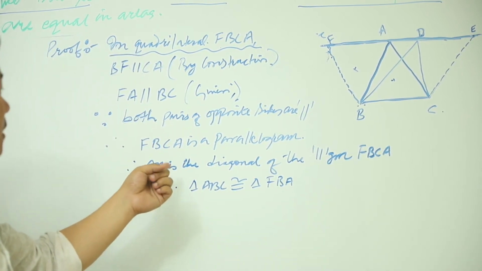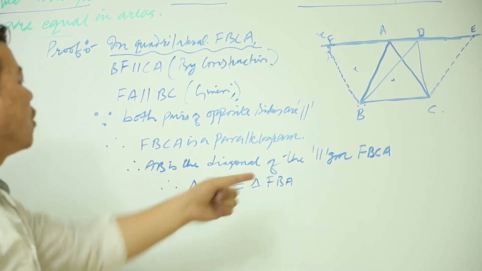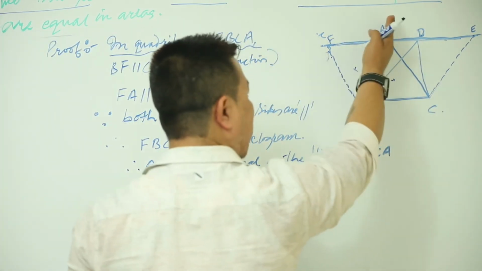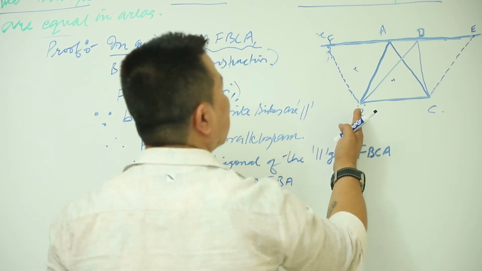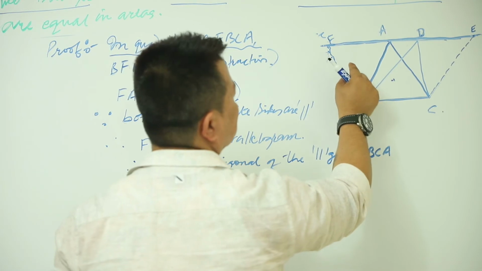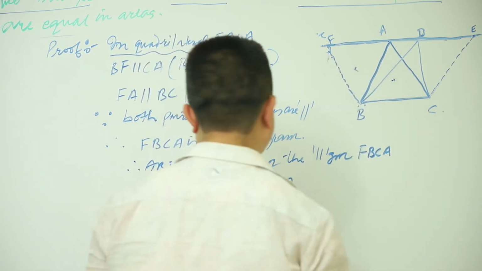The reason is already there. I have already written why they are congruent: this figure FBCA is a parallelogram and AB is a diagonal, and the diagonal of a parallelogram always divides it into two congruent triangles.